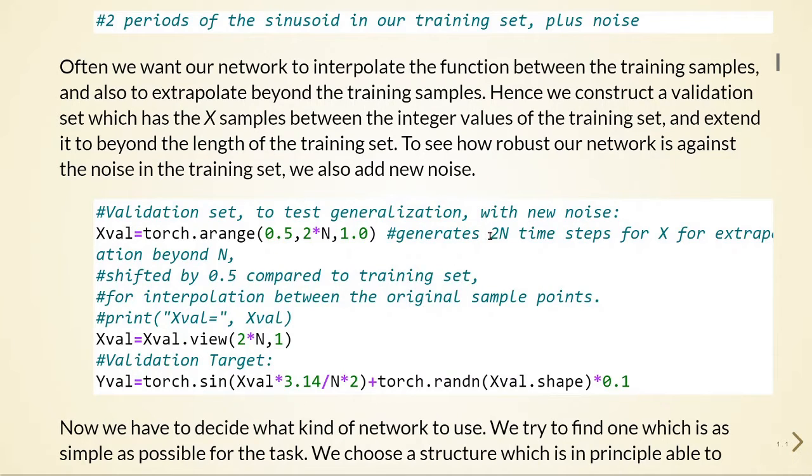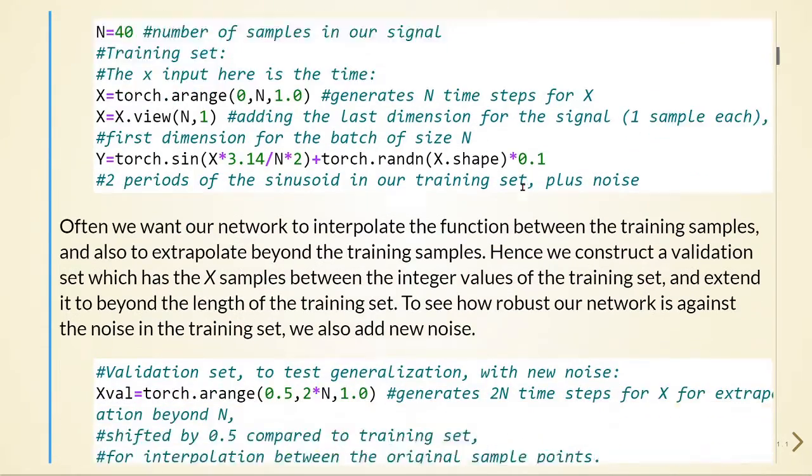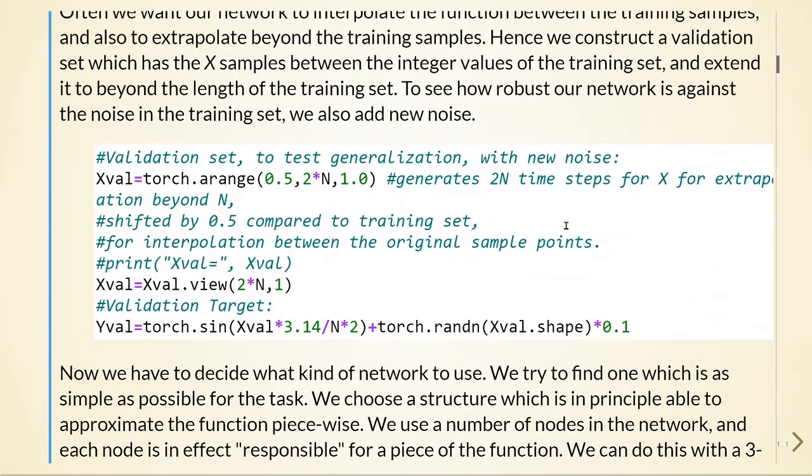We're generating now 2 times capital N time steps for x, for extrapolating beyond N, so we have a signal that is 2 times longer than what we are going to train our network with. And also we are reshaping again, and pay attention that now this is shifted by 0.5 compared to the training set for interpolation between the original sample points.